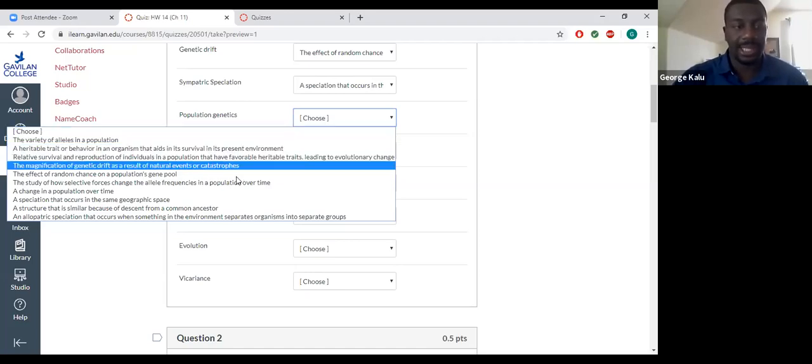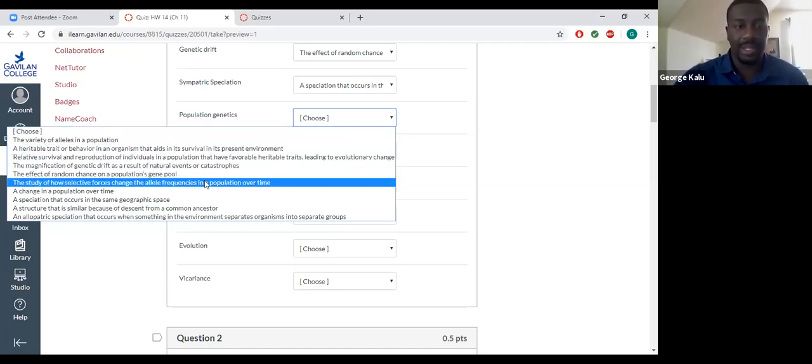Yeah, so it's the study of how selective forces change allele frequencies in a population over time. Right. So when we're acting as population geneticists, we want to look at what's happening inside of our population, determine what type of selective forces are at work in order to change the allele frequencies in that particular population over a period of time.